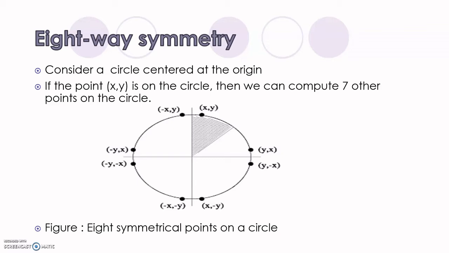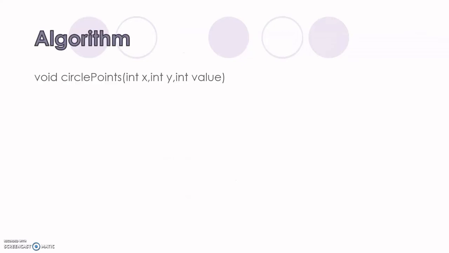Now let's see the algorithm for 8-way symmetry. I start with a procedure for circle points, taking the x value, the y value, and a value for storing the intensified pixel. Then I write each pixel value using the write pixel method.